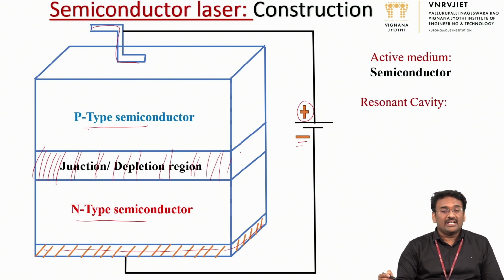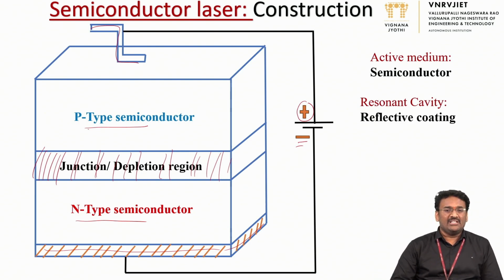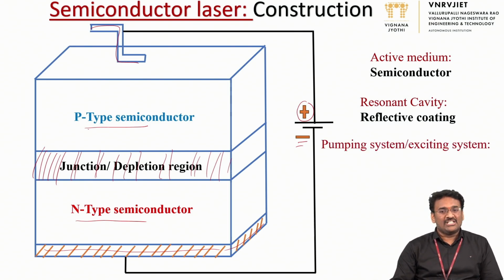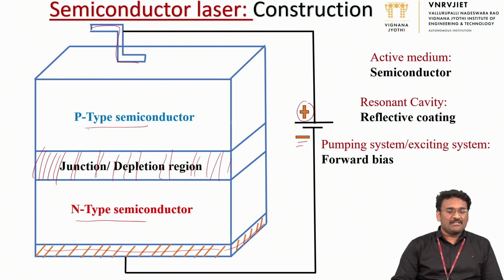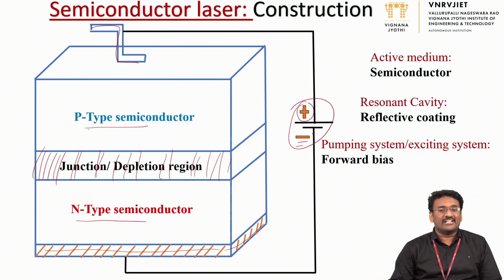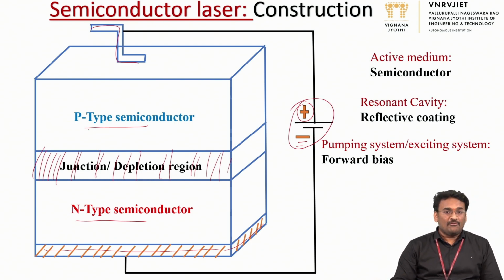By that you can use it as a resonant cavity. So in simple terms, a reflective coating at the depletion region acts as a resonant cavity. The pumping system is a direct pumping mechanism: we simply connect the PN junction under forward bias. This external voltage acts like a pumping system for this semiconductor laser.